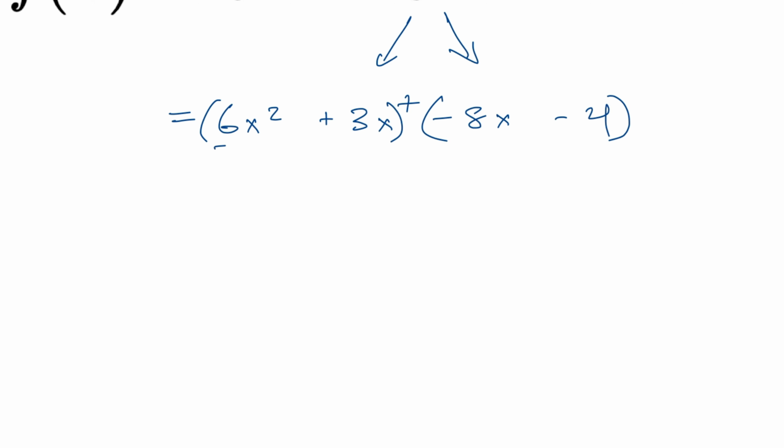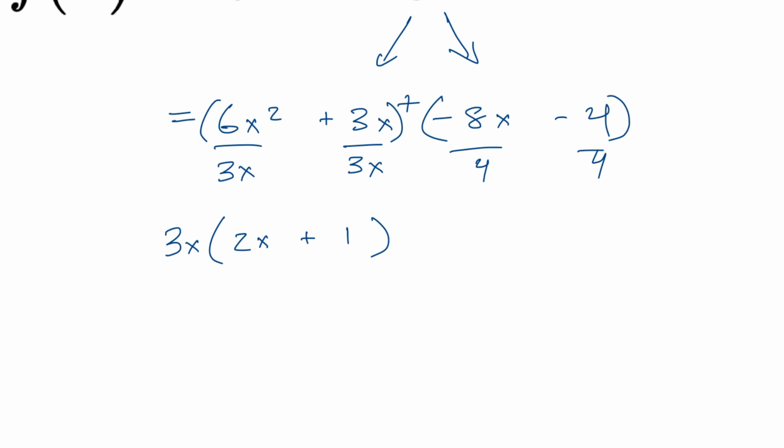Okay. I'm going to divide out the greatest common factor, which is 3x. And so I get 3x times 2x plus 1. And then notice something here. There's a negative in both of these. And sometimes you have to make that decision. Do I take the negative out or do I not? Watch what happens when I don't. Let's just say I say greatest common factor is 4. Well, then I would end up with negative 2x plus 1.